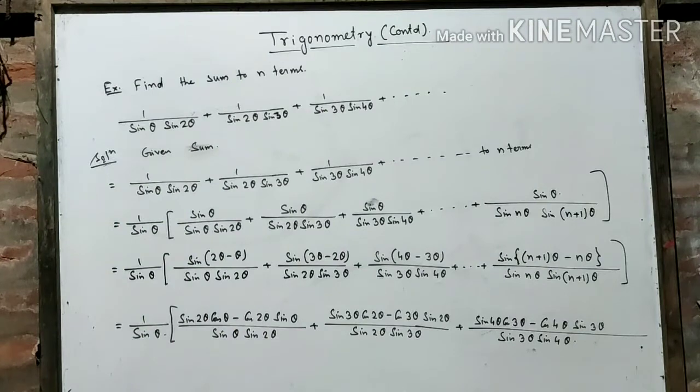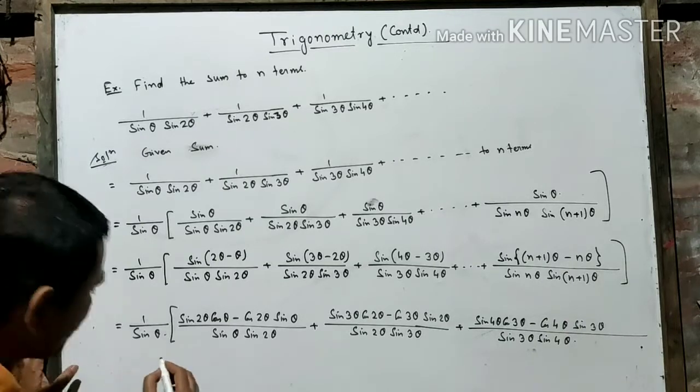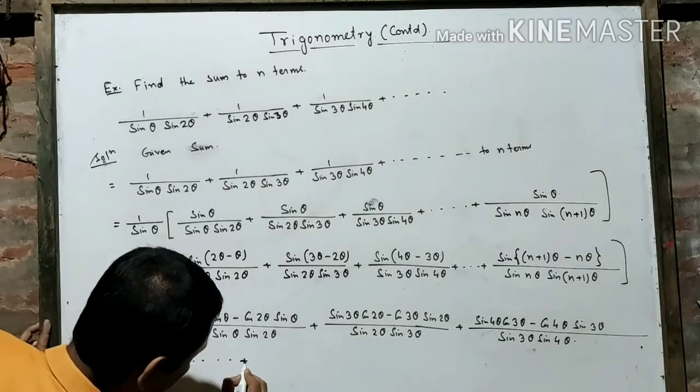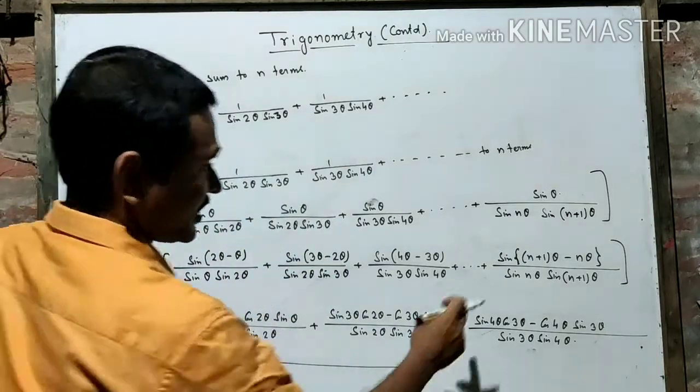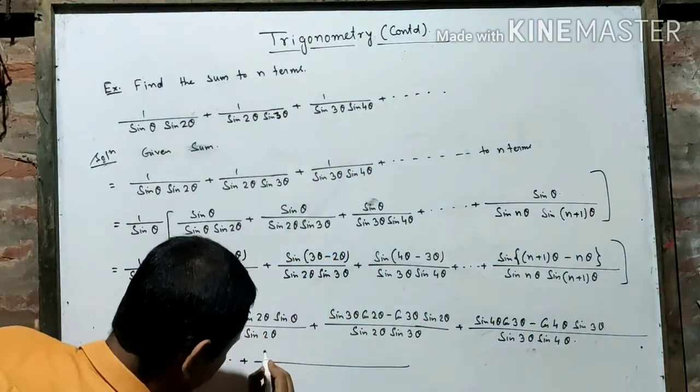Is it visible? Can we see the whole board? Yeah, you can see it. So let me write it here. Plus, this is again sine a minus b.